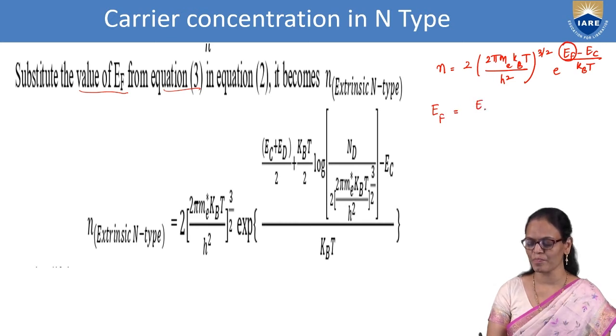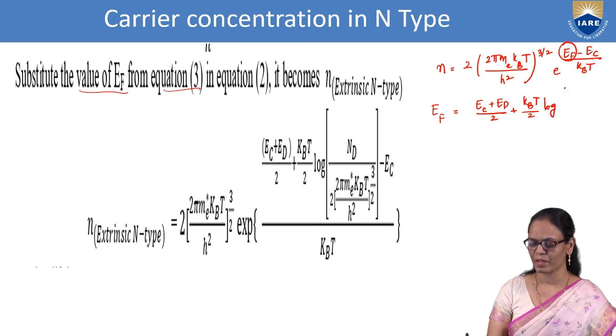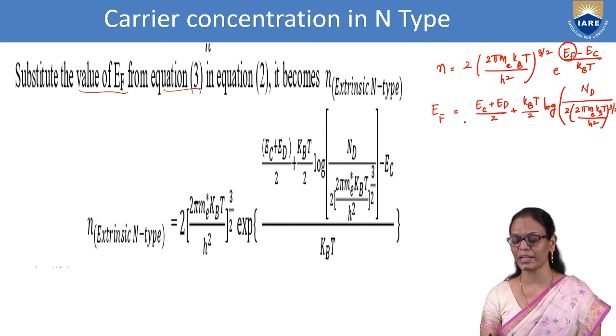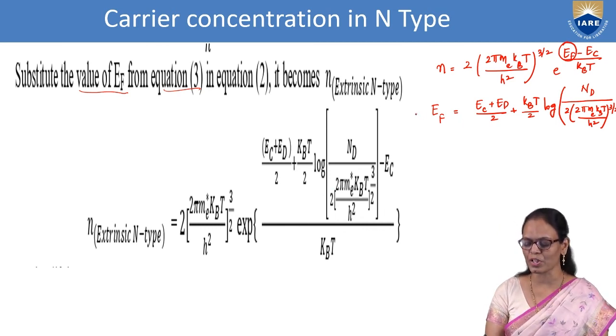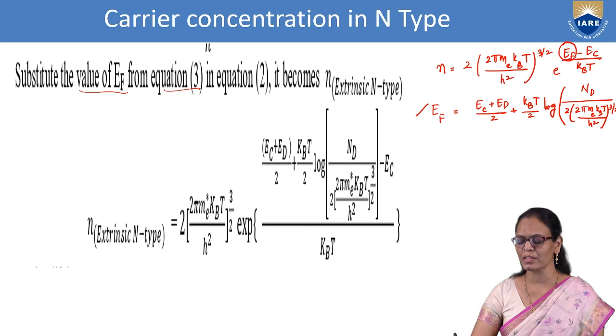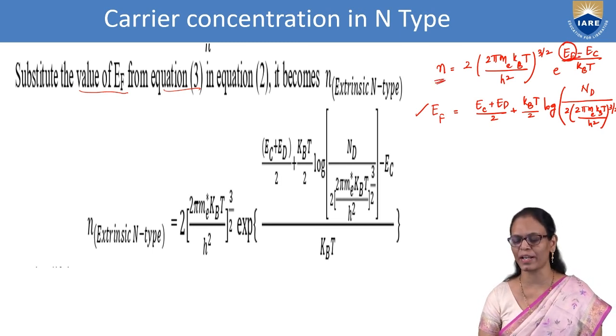EF is equal to (EC plus ED) by 2 plus (kB T by 2) log of ND upon 2 into (2 pi me kB T by h square) power 3 by 2. This is what we have got for EF. Now we substitute this value of EF in the formula for N, the concentration of electrons.